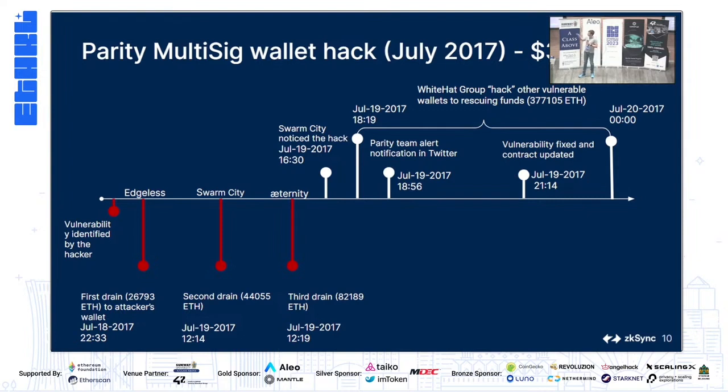Because of this decentralized attack, to help save the funds, the White Hat group did the same hack on more than 590 wallets that were vulnerable, and they saved more than $81 million for the community.